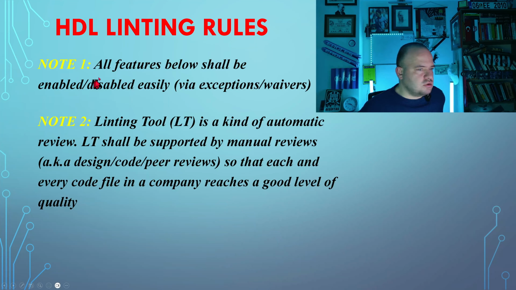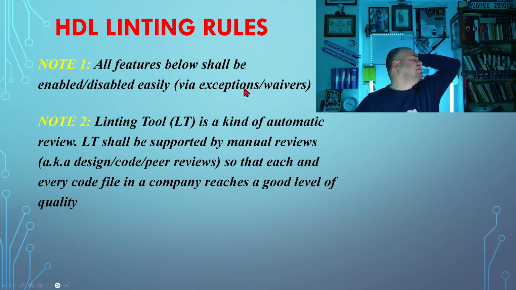All right, so I have some notes at the end. It is not below, by the way, I will fix it. It was at the top in the previous version of this presentation. All features that we discussed shall be enabled and disabled easily.